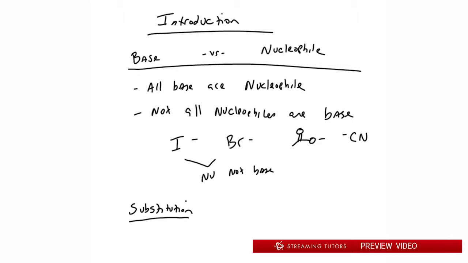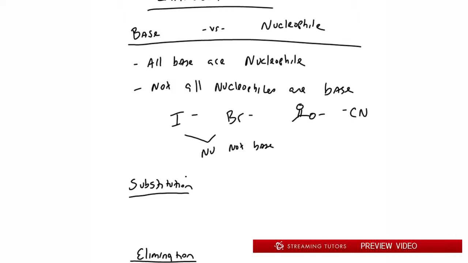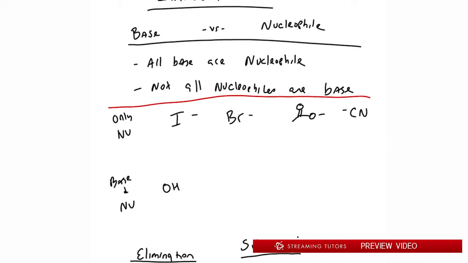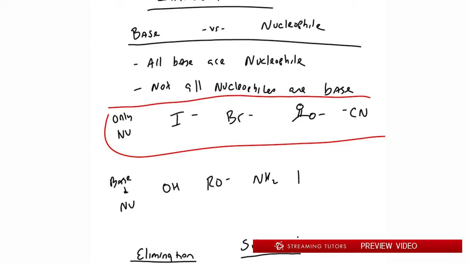Now, of course, you have a lot of things that are basic. For example, we can have hydroxide. Hydroxide is both a base and a nucleophile, whereas these are only nucleophiles. So these are only nucleophiles, and these are just examples. There's many more, but you could have RO minus, NH2 minus, H minus.